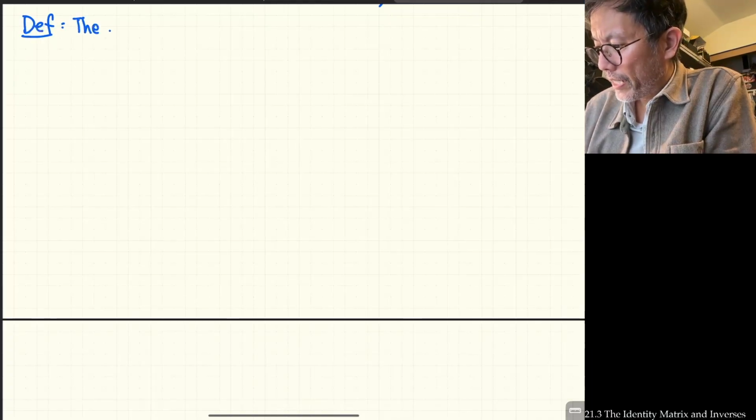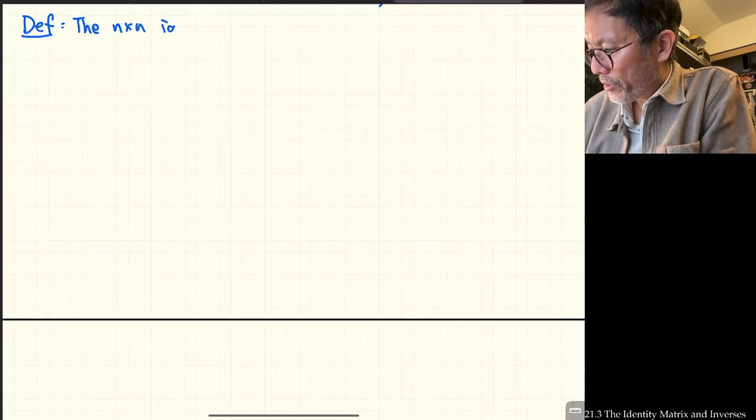The n by n identity matrix. This is what I'm going to define for you.